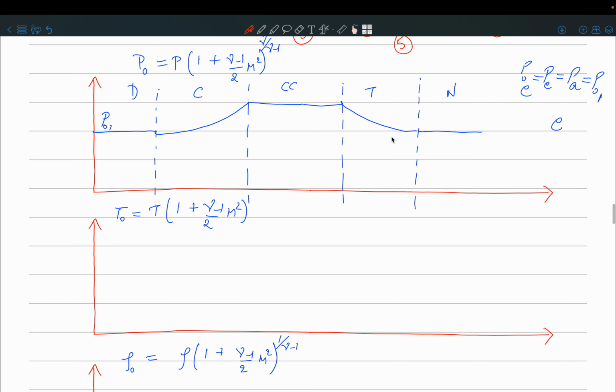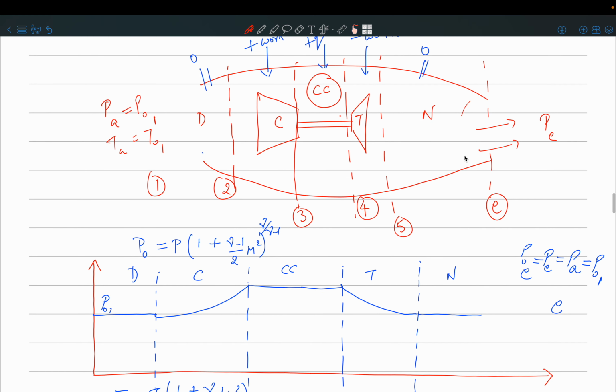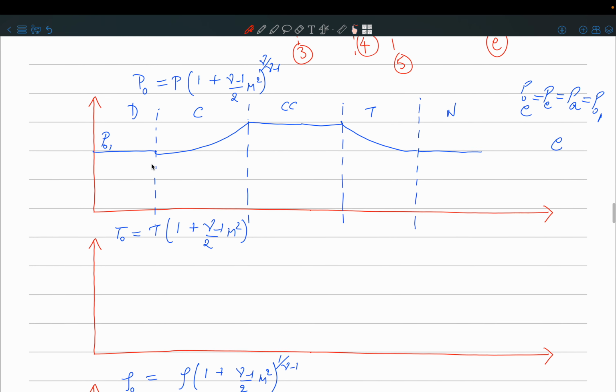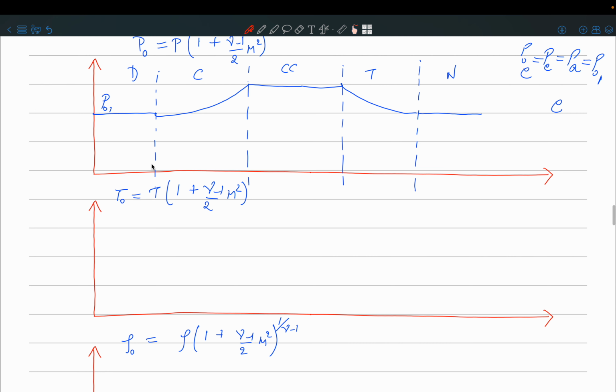So, if the outside static pressure is P atmosphere, and you are sending the exhaust at exit pressure PE, and what you are saying is PE is equal to PA, right? So won't P naught E be equal to P naught A? No, but there is a difference. There is a difference in the T naughts. So when we plot the stagnation temperatures, that will turn out to be different.